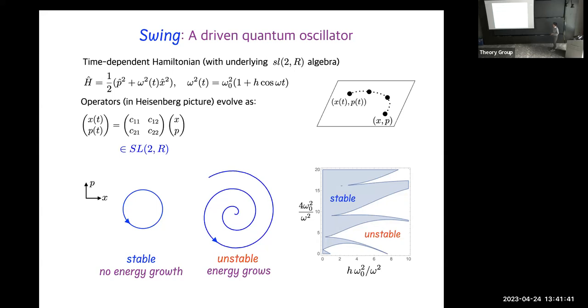Oh, very good. Because now the Hamiltonian is time dependent, you can find this Hamiltonian is generated by three generators.